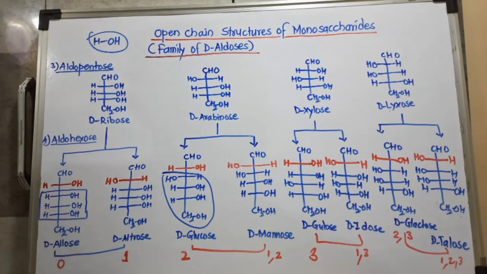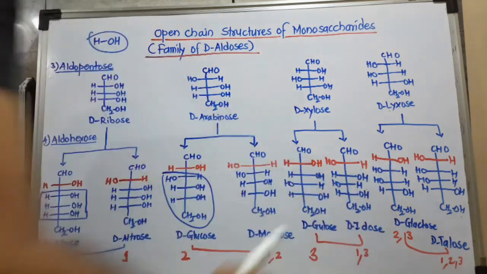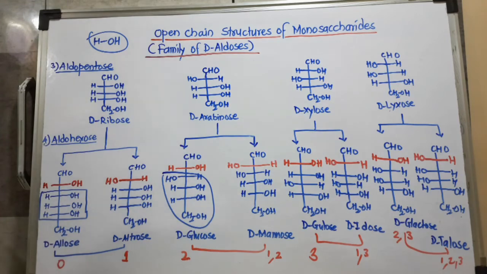So these are the numbers which you should remember, and remember their names in a pair. So you can easily draw the structures of aldohexoses.